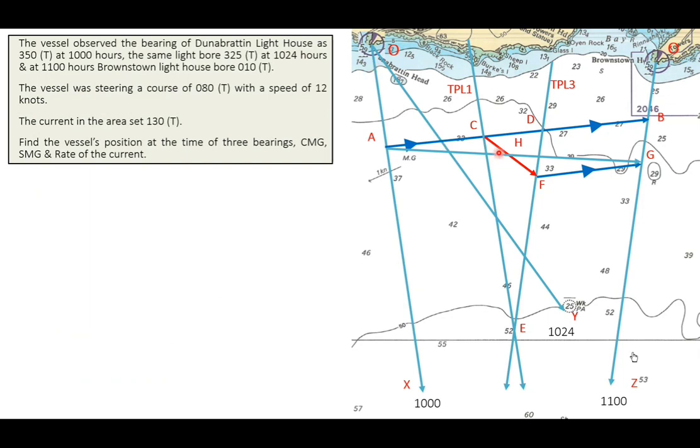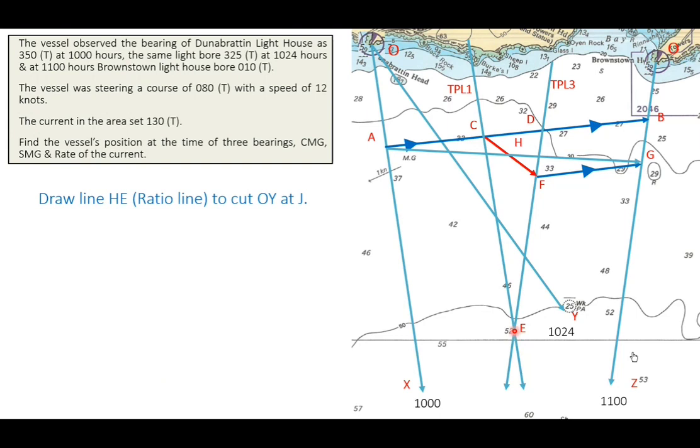Moving further on our plot, we have this H point identified. We had the Echo point already identified on our plot where TPL1 and TPL3 intersected.